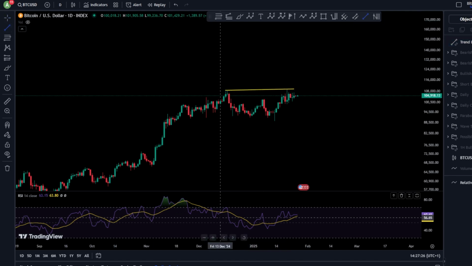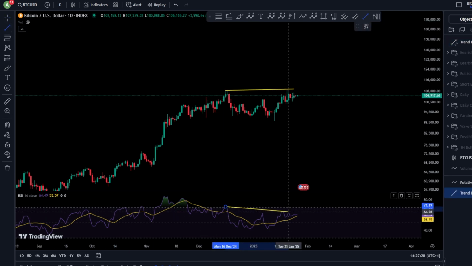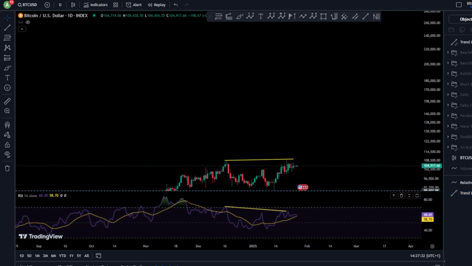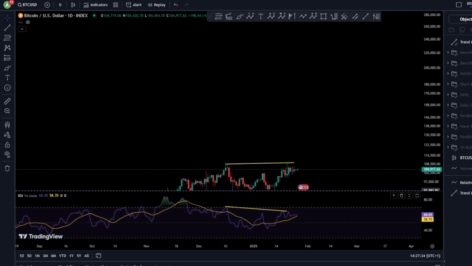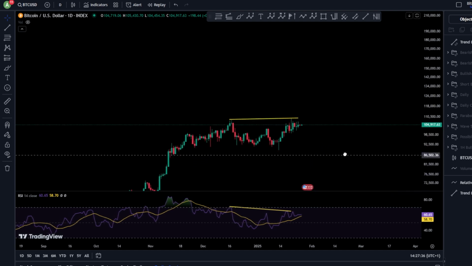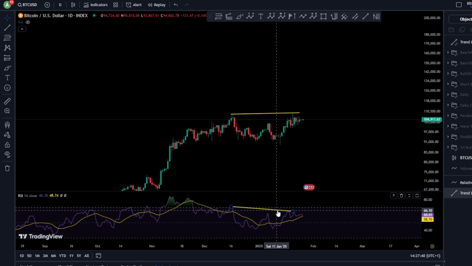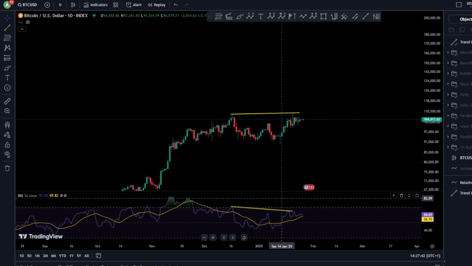Nothing really important. Now it looks a little bit divergent here, but it's not really important. It can go down a little bit and readjust, and then move toward the upside continuation.